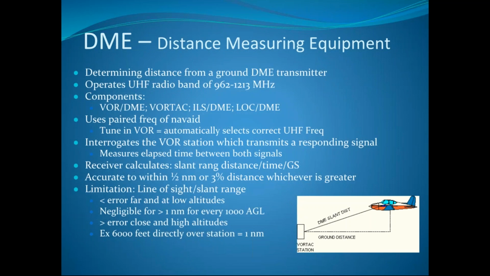And then once again, if you're high and not very far from the station, that's when it's going to be the most accurate. But if you're high and close to the station, it's going to be inaccurate again, because as you approach the station, that slant range, because of the angle, gets muddied by your altitude.